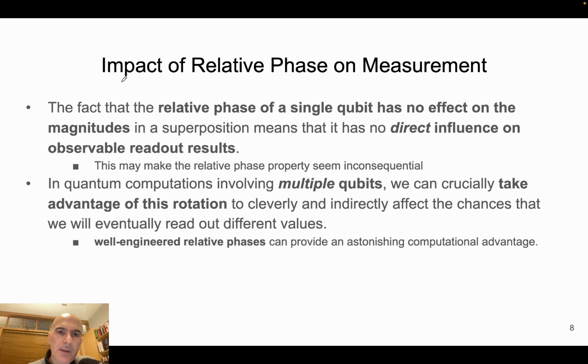So what is the impact of relative phase on a measurement? Well, the impact is actually zero, so the relative phase has no impact on the results of the measurement. What really matters is the area of our circle. So why then do we want to have the relative phase information?